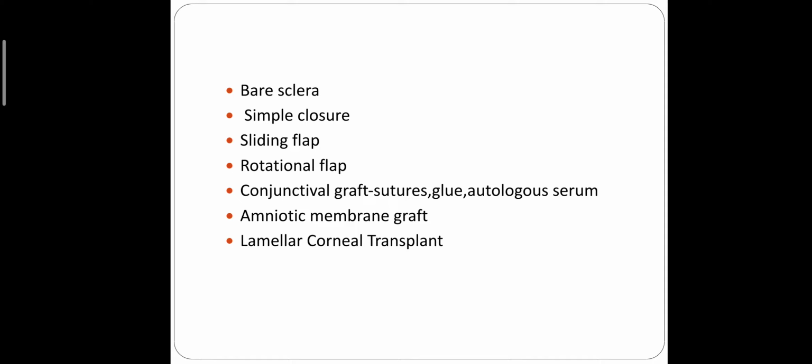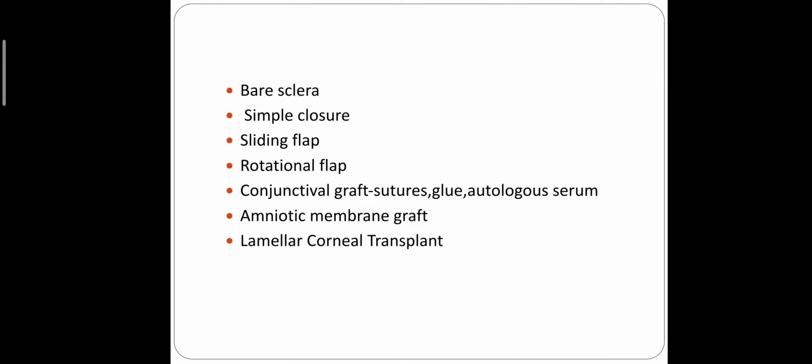So initially, when the bare sclera technique was done, the most common problem they encountered was recurrence. Hence they thought of other procedures, like closing by sliding the flap of conjunctiva adjacent to it, or by rotating the conjunctiva adjacent to the excised pterygium. That is called a rotational flap.